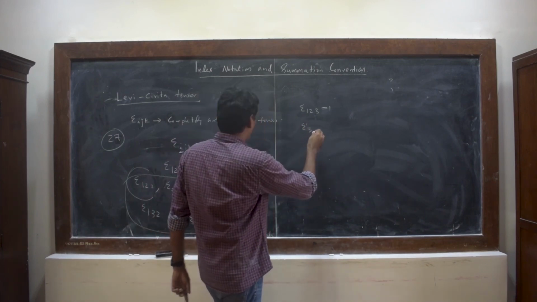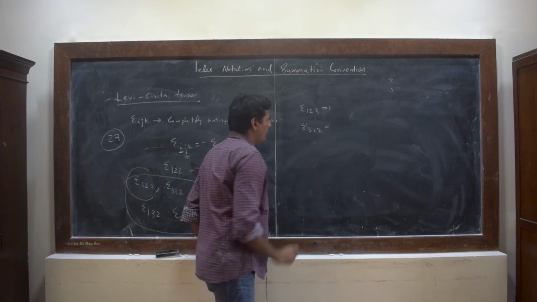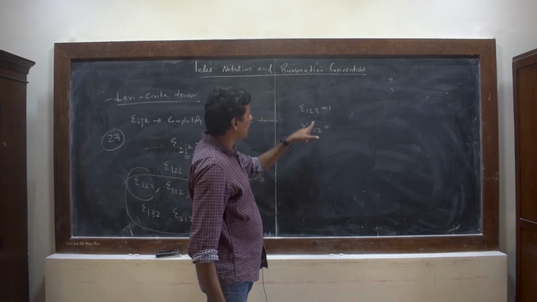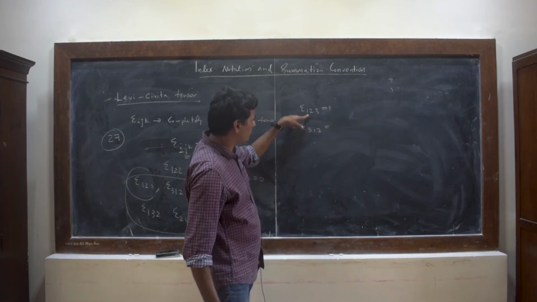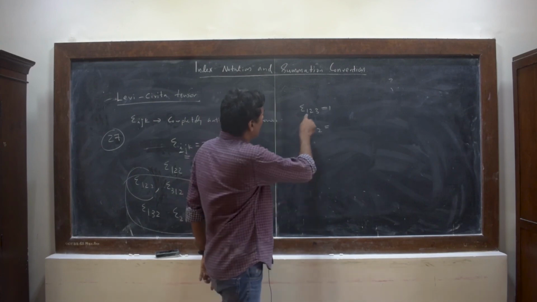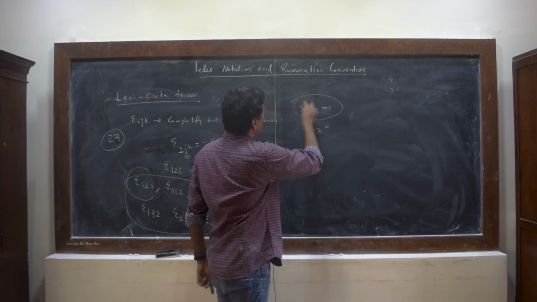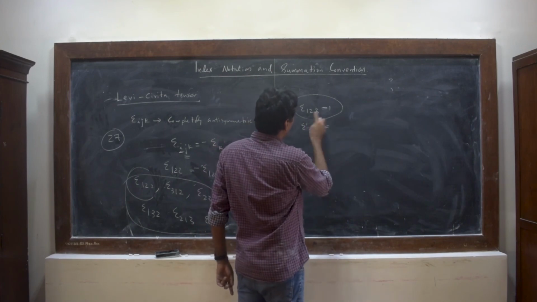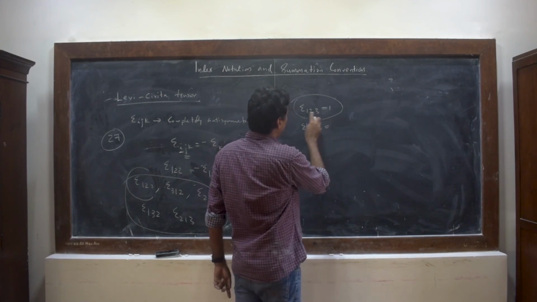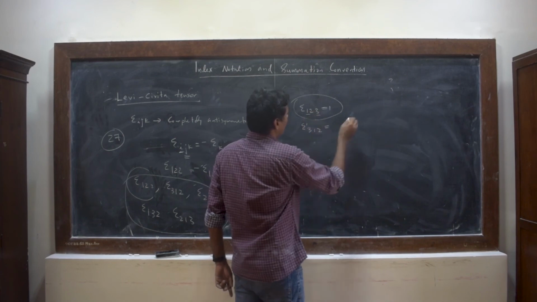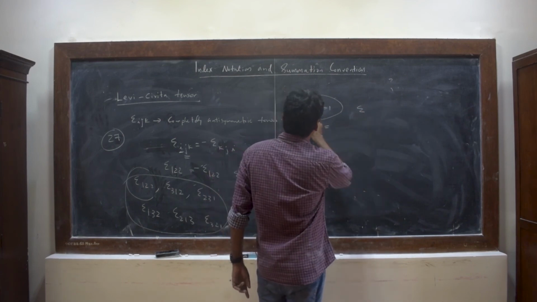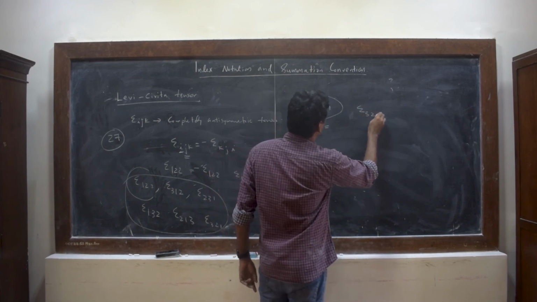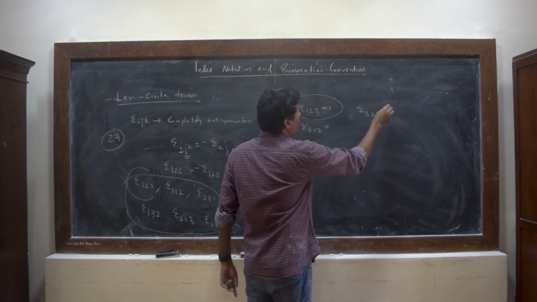Now how do you get epsilon 312 from epsilon 123? I will exchange the first and third elements, then I will get epsilon 321, but at the cost of a negative sign.